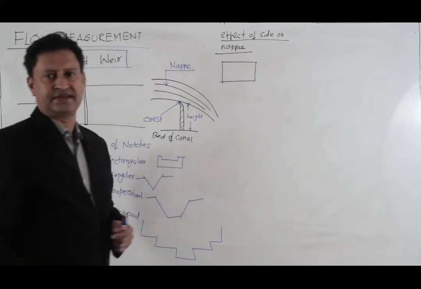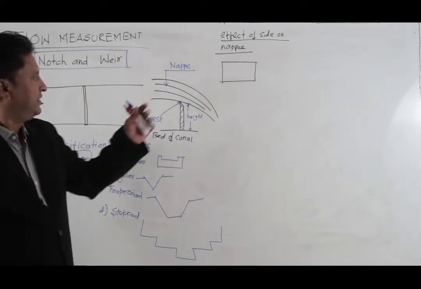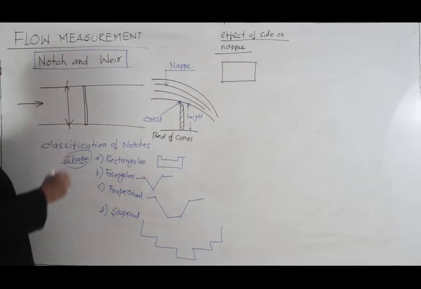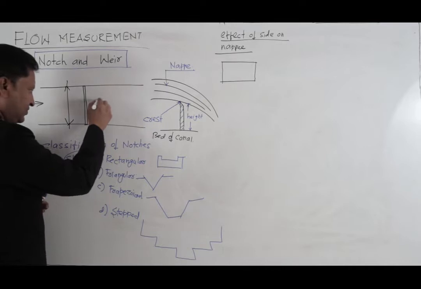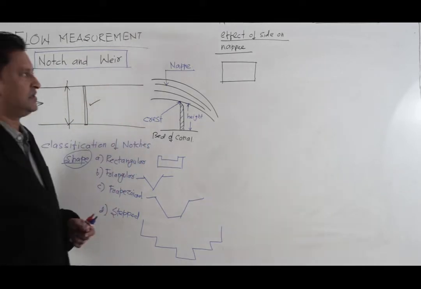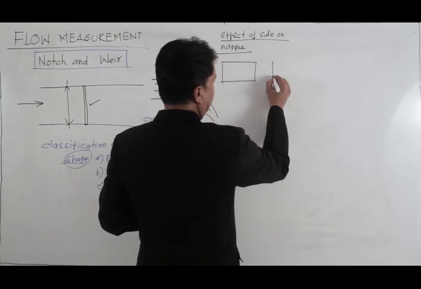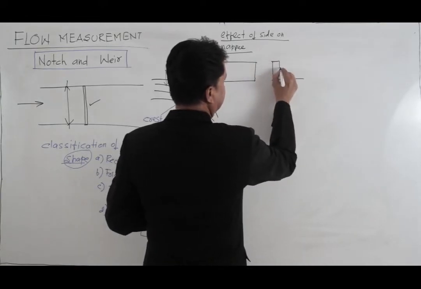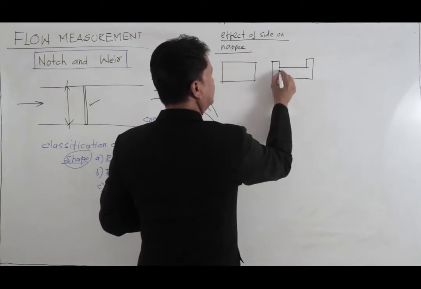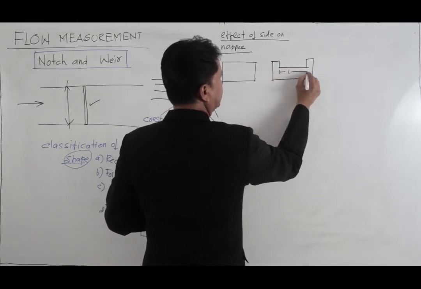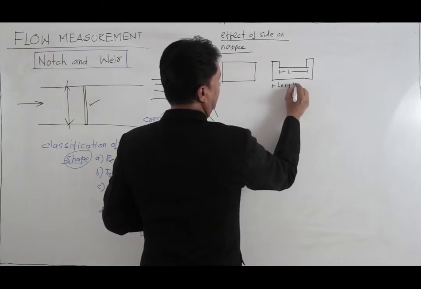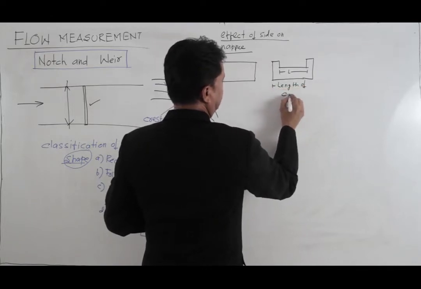This notch is called a suppressed notch, when the width of the flume or canal is equal to the width of the notch. And sometimes you get the notch like this. So this will be your length of the notch in this case, whereas this will be the length of, let's say, the canal.